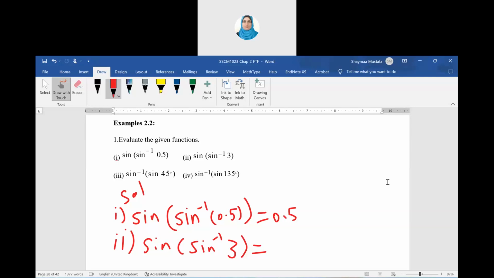What about the others? Sine of sine inverse 3 equals what?